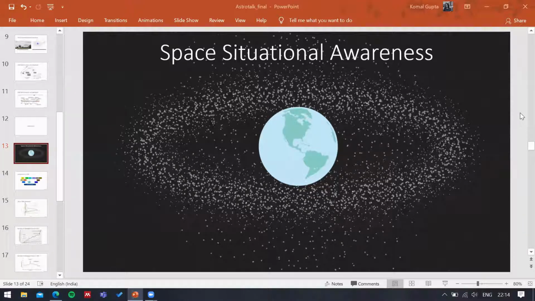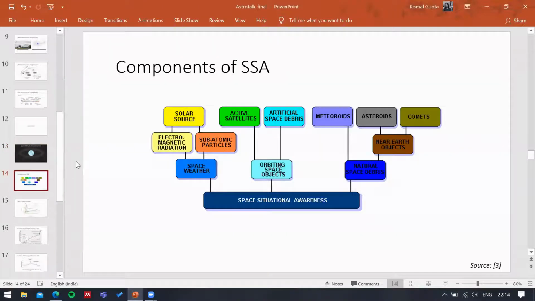So the SSA is divided into different components, like I just mentioned: space weather, orbiting space debris, natural space debris. Orbiting space objects includes both active satellites and artificial space debris.